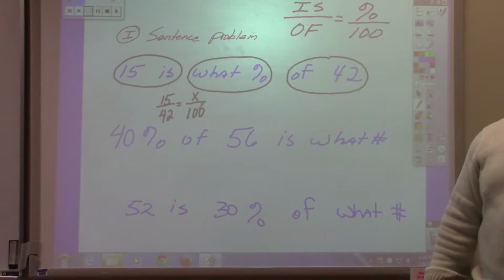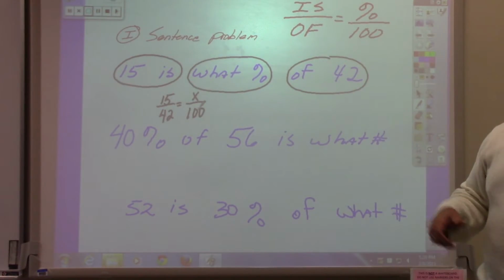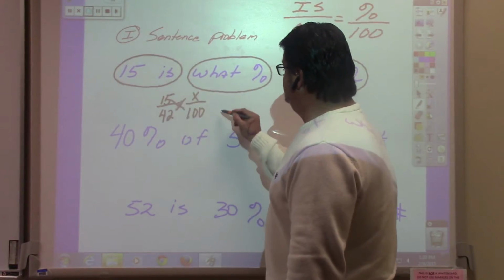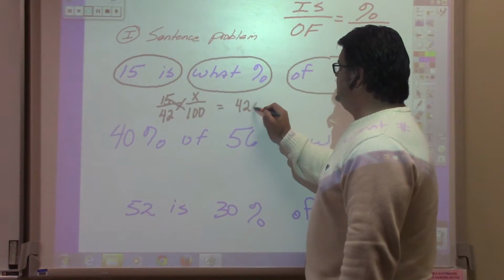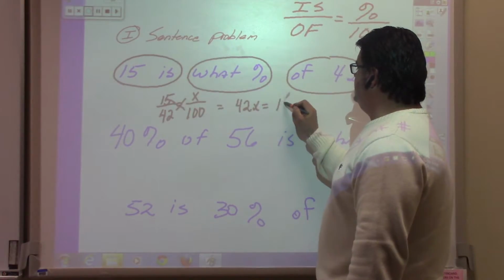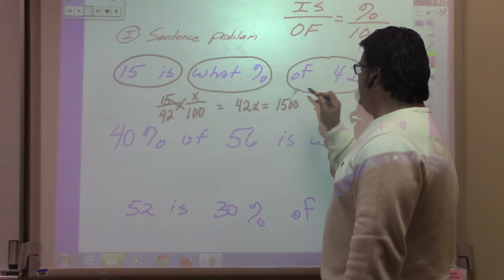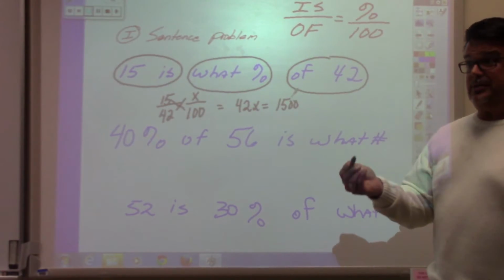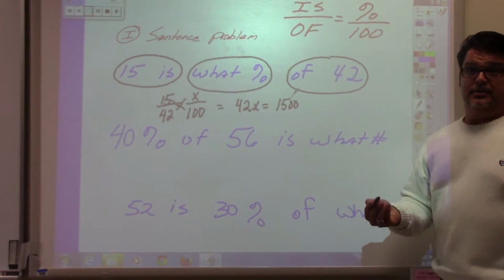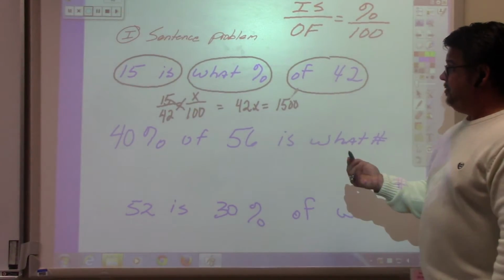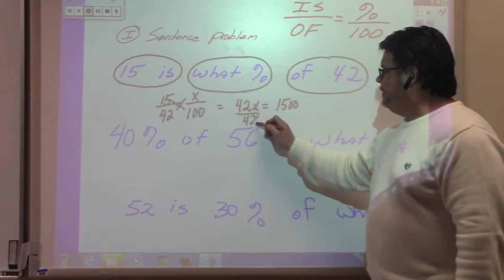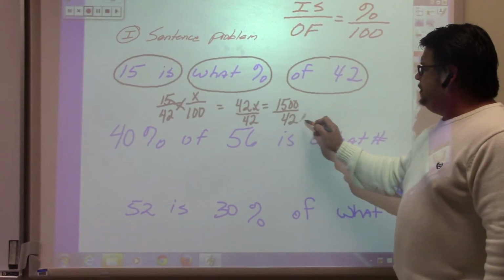I'm trying to teach up here. 15 is what percent? Just multiply across. You get 42X is equal to 1500. Now take your calculators out, because you need them unless you're Rain Man. Divide by 42.